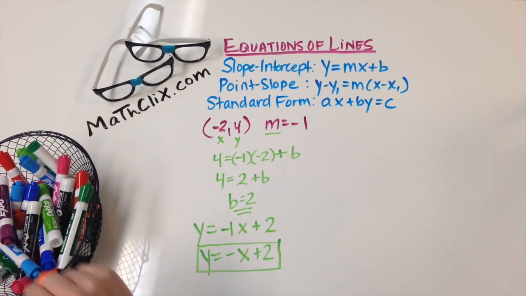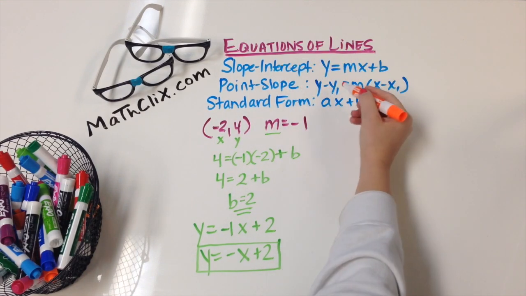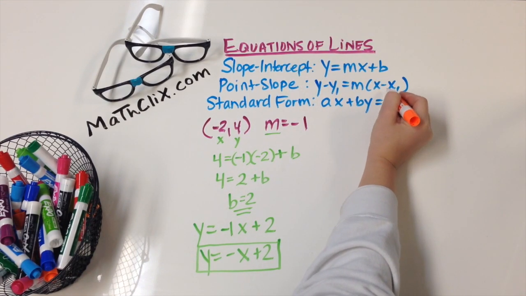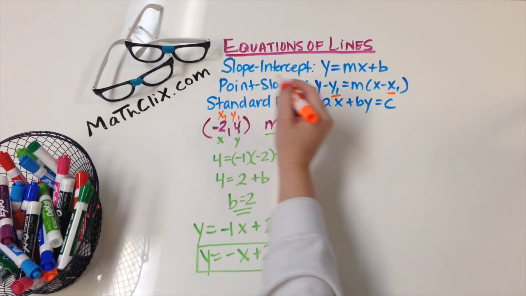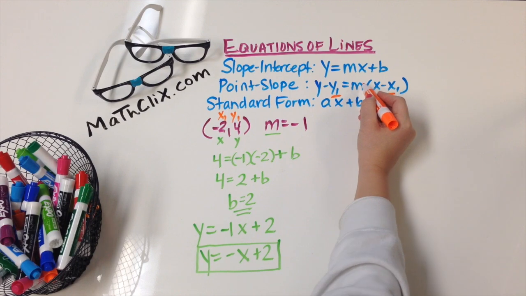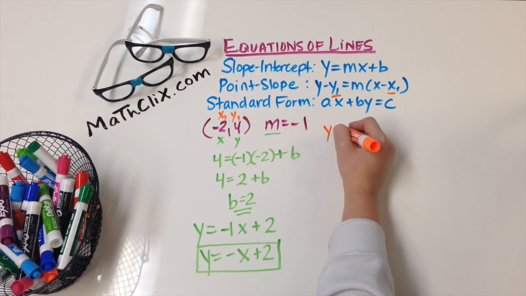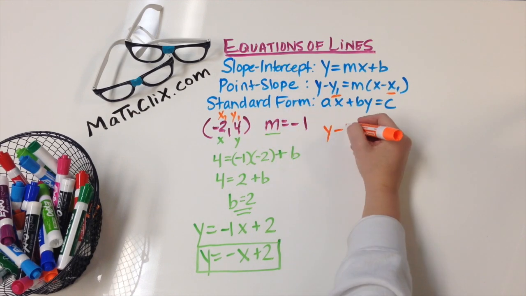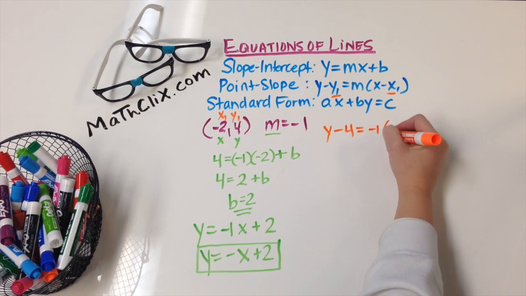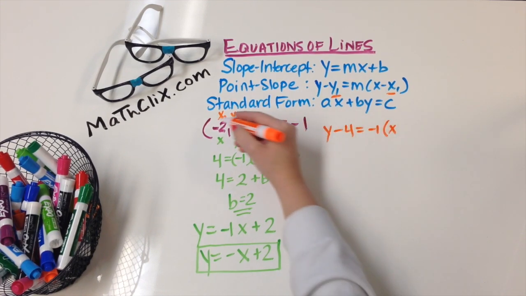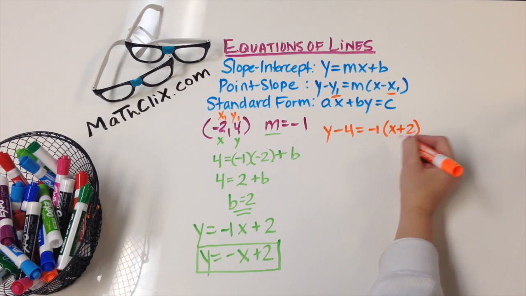So doing the same thing, only this time we will now use our point-slope form. So x1 and y1 will be our point, m will be our slope, and y and x will stay in the equation. So you'll do y minus 4 equals m, -1, times x minus a -2, which turns into a +2.